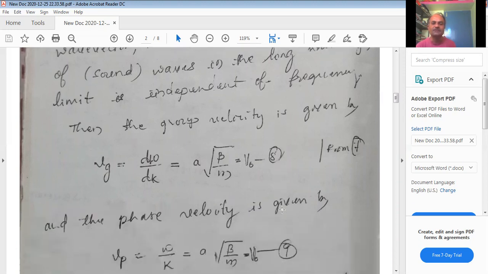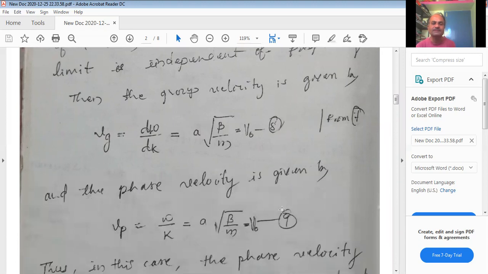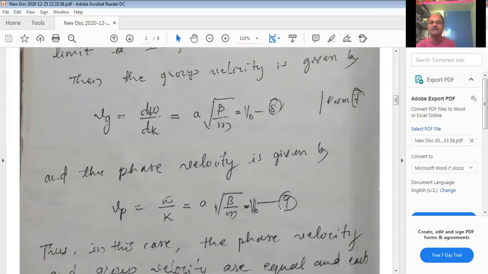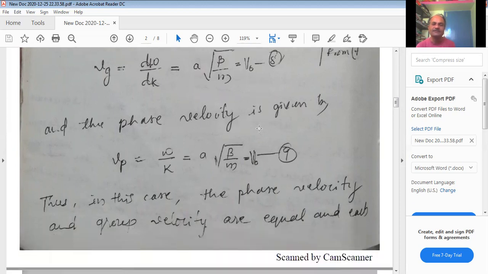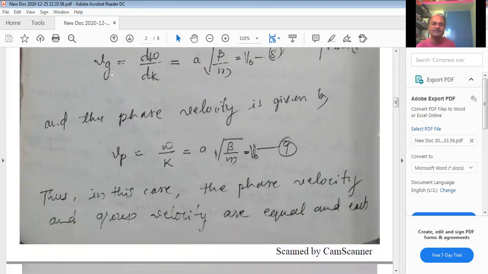Then the group velocity is given by Vg is equal to d omega by dk. You differentiate equation 7, and this becomes a into root of beta upon m, and keep this as v naught. And the phase velocity is given by Vp is equal to omega by k, and this is equal to a into root of beta upon m, and this is also v naught.